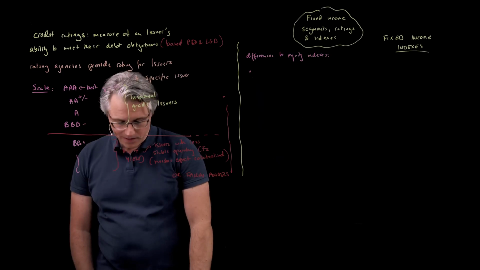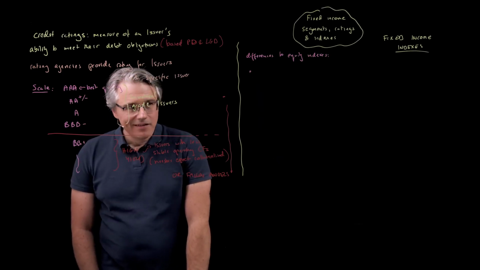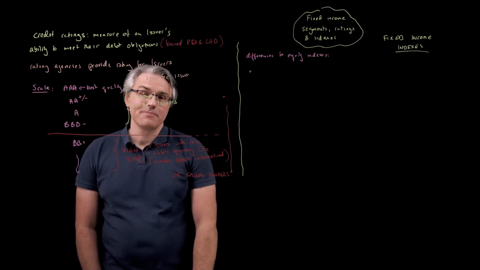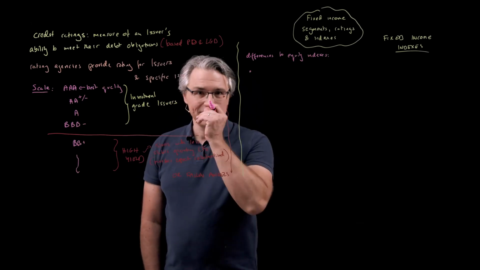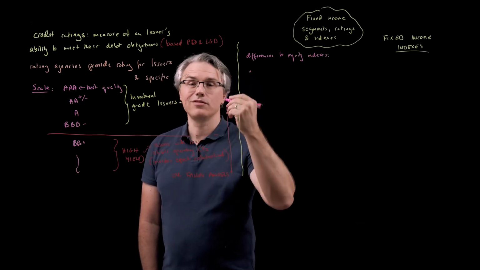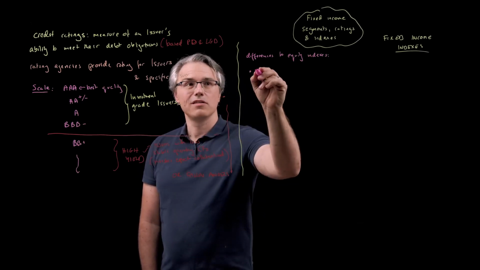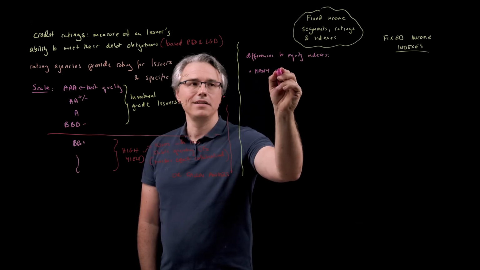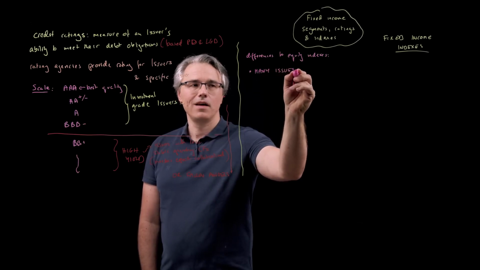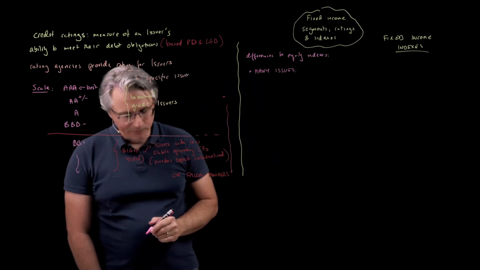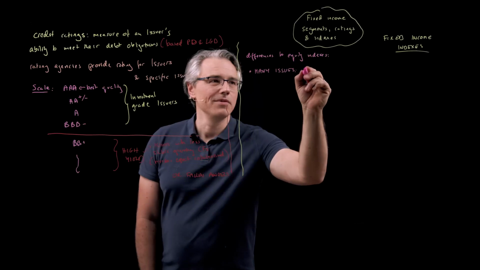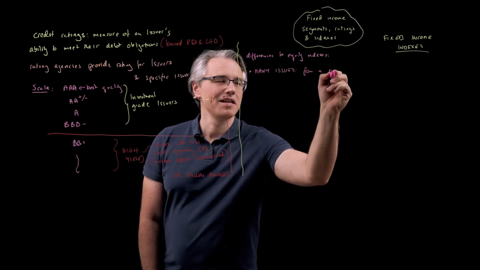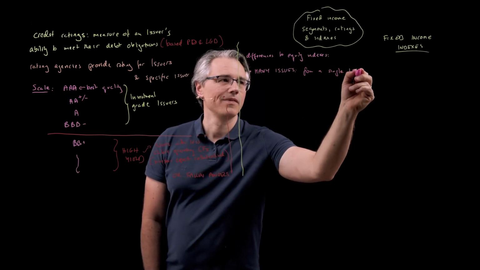First of all, unlike equity indices, bond indexes will typically have a lot of constituent components, so they will contain many issues, and many issues coming from a single issuer.